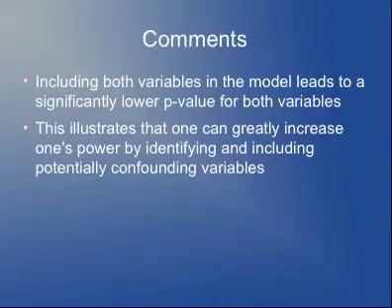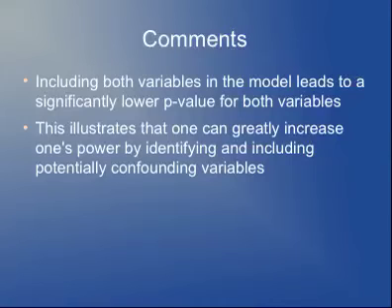Note that if you include both variables in the model, you get a lower p-value for both variables. I guess that's something I didn't point out on the other slide, that we got a stronger p-value not just for the supplement type, but also for the dose, which indicates that if you find the appropriate confounders and put them in your model, you can get better power.